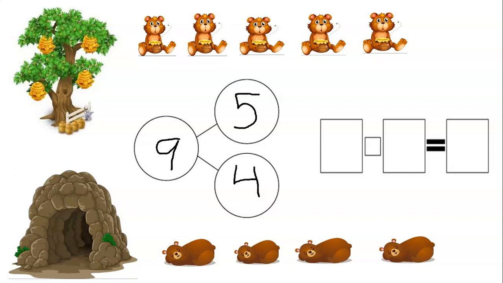This box is by itself, so we know our whole is going to go in that part, just like when the circle is by itself. So these must be our 2 parts. So we have 5 plus 4 equals 9.